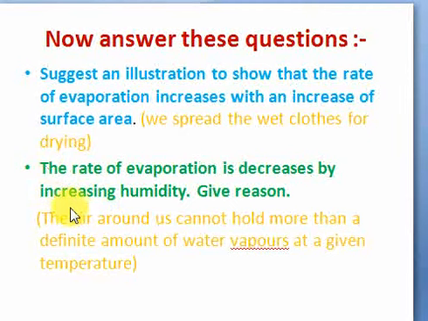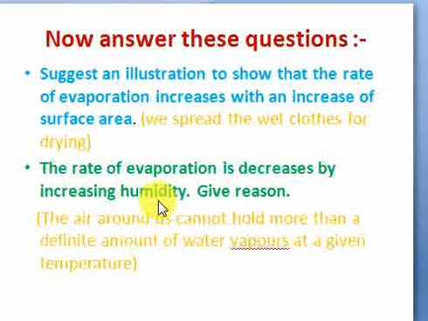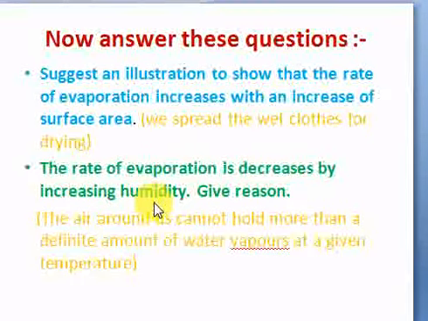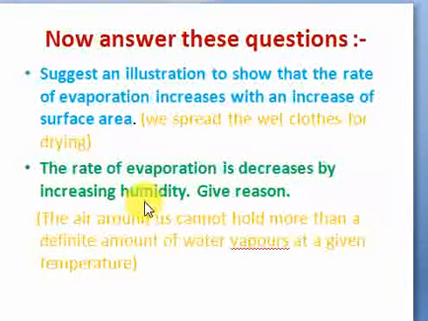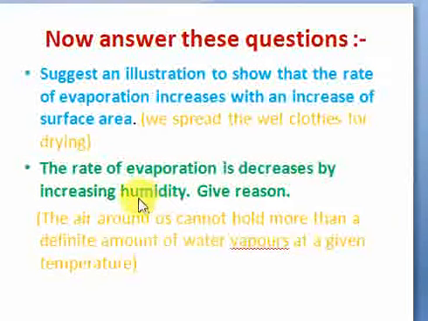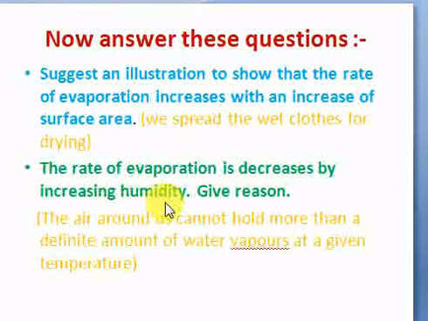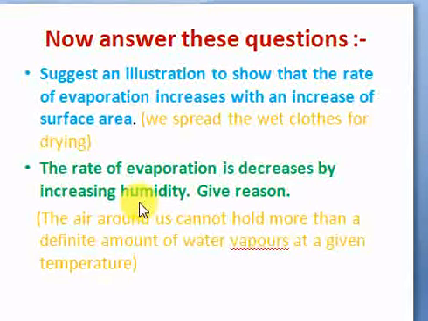Then let us go to the next question. The rate of evaporation is decreased by increasing humidity. To answer this question, we have to first study what is humidity. Humidity means the amount of water vapor that is present in the atmospheric air.